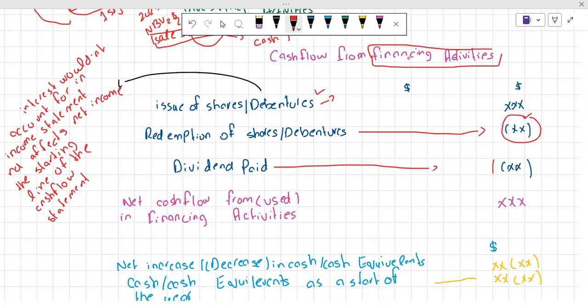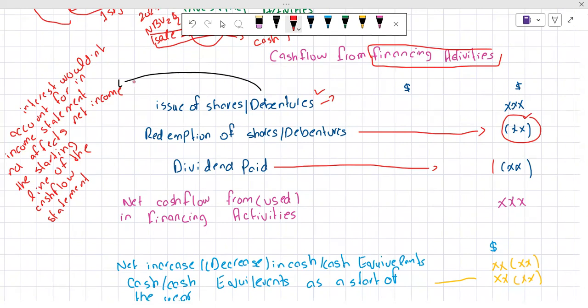So that is why it is investing activities. But in financing activities, we take out some loans, we issue some shares. So it means that we have to pay dividend, we have to pay back the debentures, pay back the loan to the bankers. So that is why it is called financing activities. So this is the main difference between the financing activities and the investing activities.